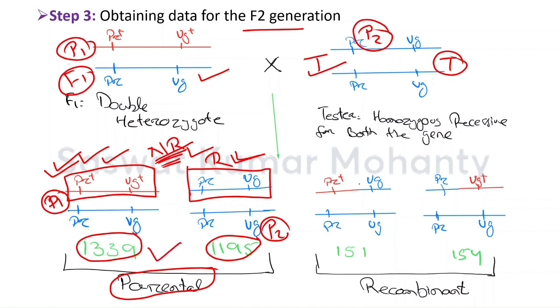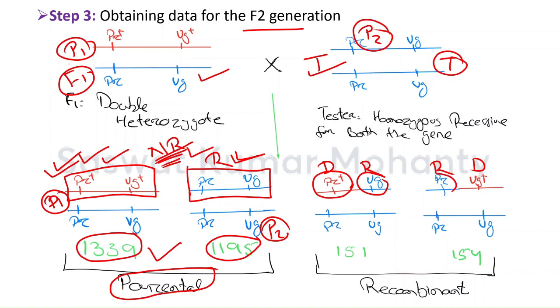Then come to the recombinant product. In the recombinant product, one gene will be dominant and the other gene will be recessive. As you can see here, this is recessive, here is dominant. So there was a crossing over between the eye color and the wing type. That's why one gene came from parent 1 and the other gene came from parent 2.